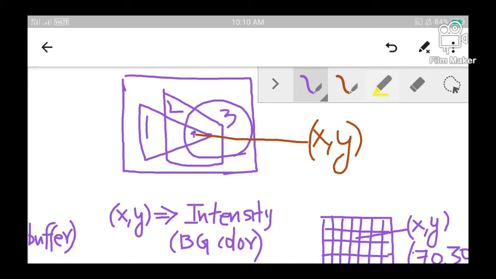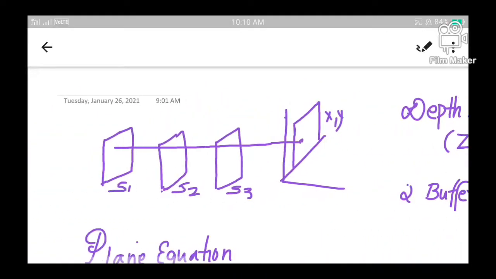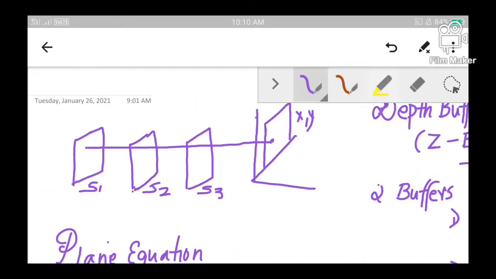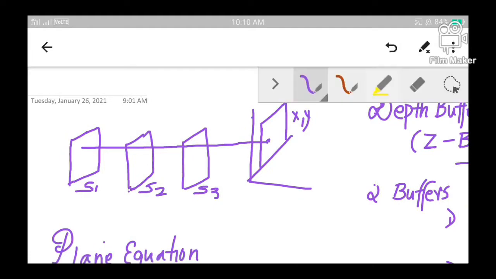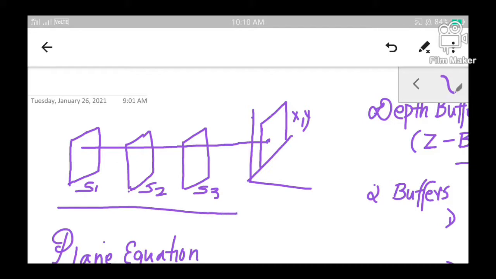Let us analyze it much more closely. Let us assume that this is our screen and we need to plot a point XY, but this XY is a point which is common to all three surfaces S1, S2 and S3.